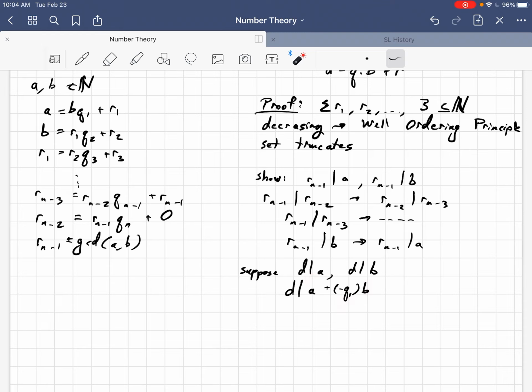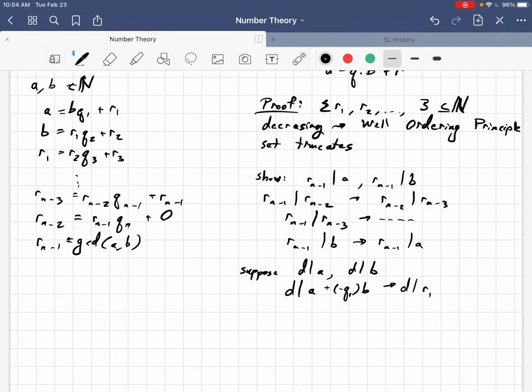This is a linear combination of a and b, and so therefore d divides it. But if you notice, a minus b q sub 1 is equal to r sub 1, right? From this equation right here. And so therefore, d divides r sub 1.